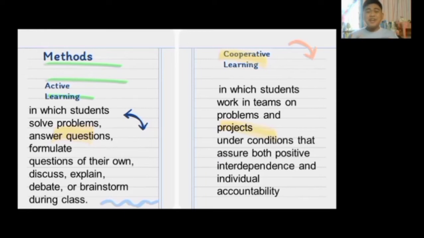So as we engage ourselves in a team or collaboration with a group, we assure both positive interdependence and individual accountability because we are learning how to work with a group, to interact with them, to socialize, and share our ideas freely. That is why cooperative and collaborative learning happens.